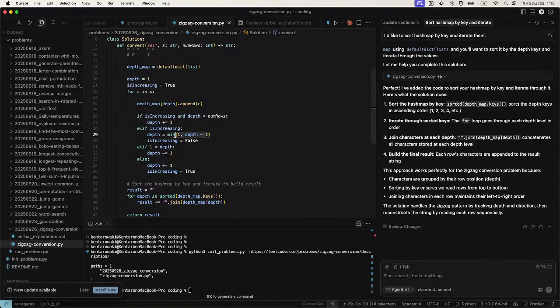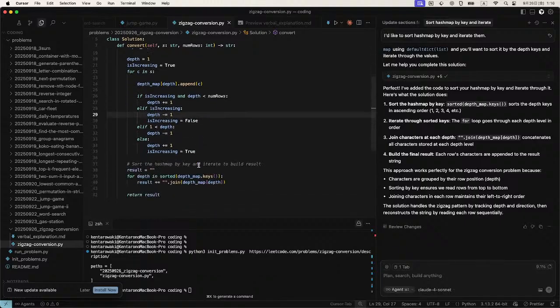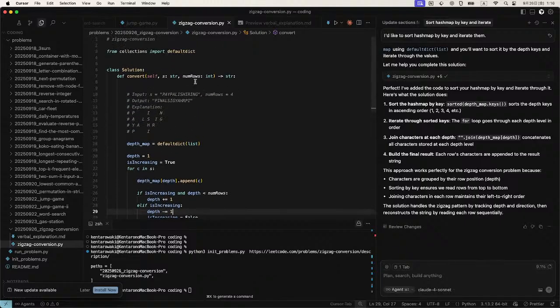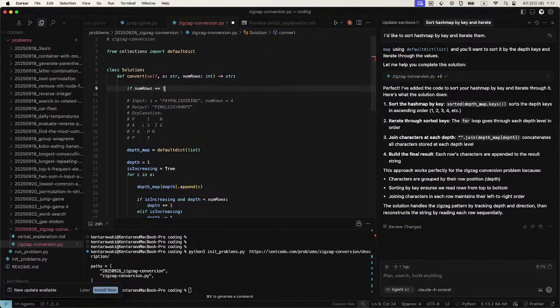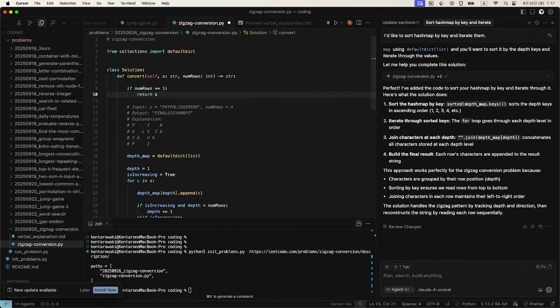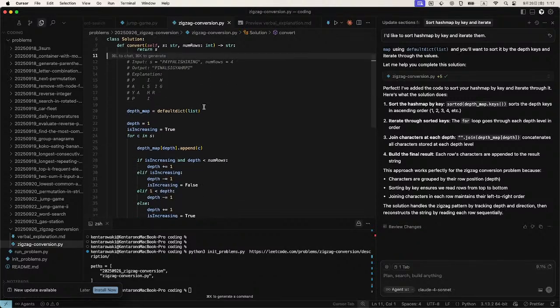Huh? No, this is not good because 1 is usually less than depth minus 1, right? So if the number of rows is 1, we should return the original string.